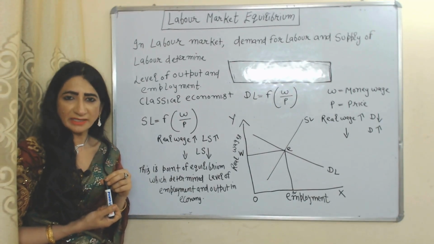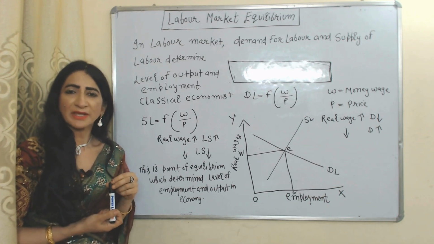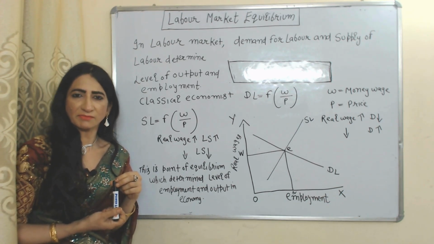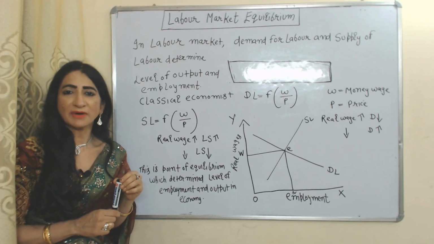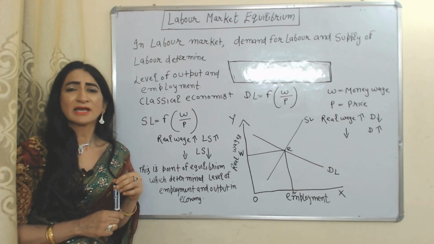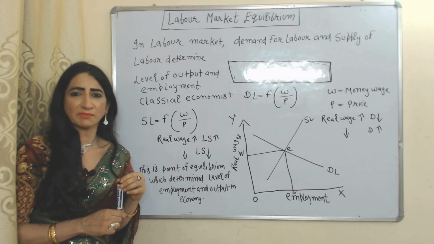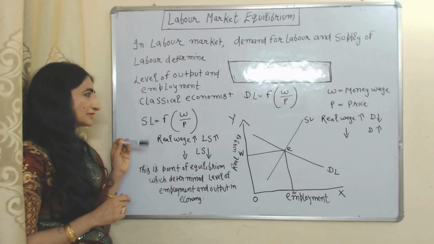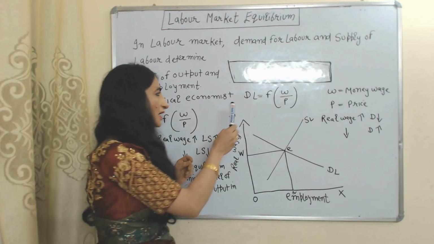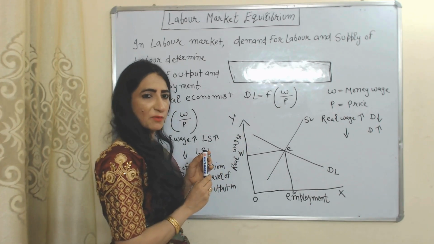In the labor market, demand for labor and supply of labor determine the level of output and employment. According to classical economists, demand for labor is a function of real wages.